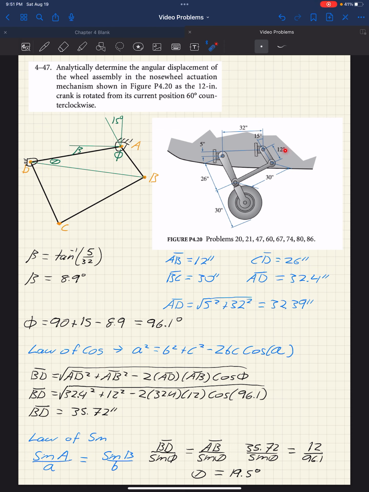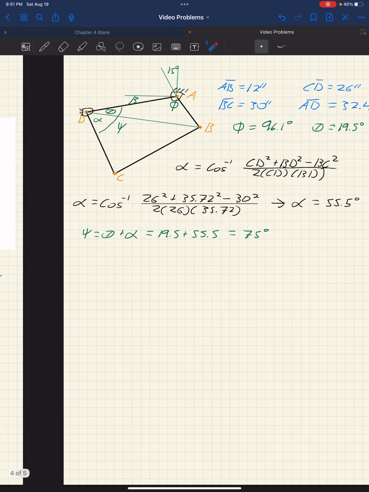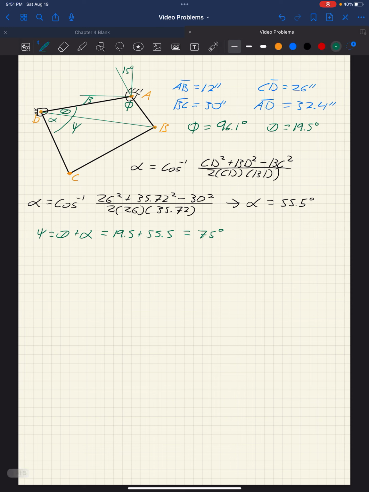It's going to move up like so, and we need to figure out which way this bar is oriented now. So let's write this out. AB is rotated 60 degrees.